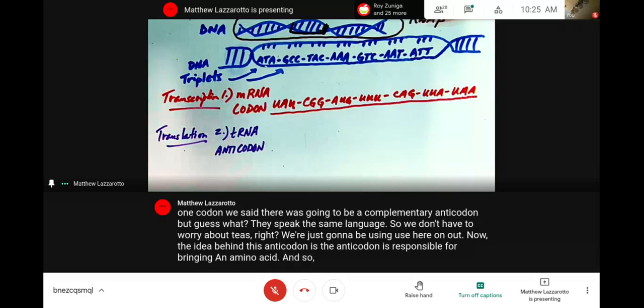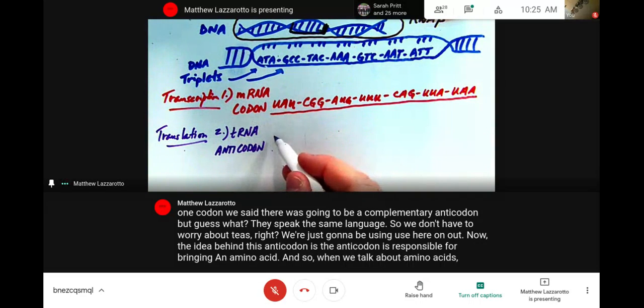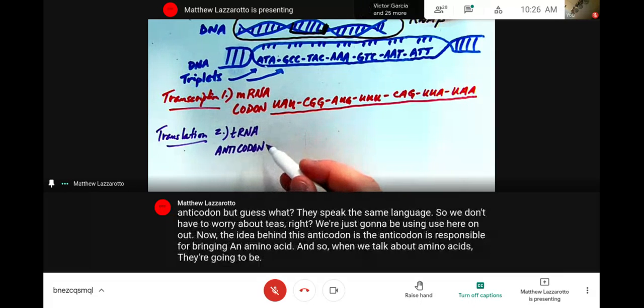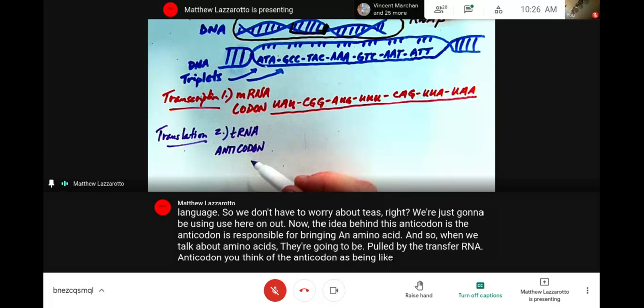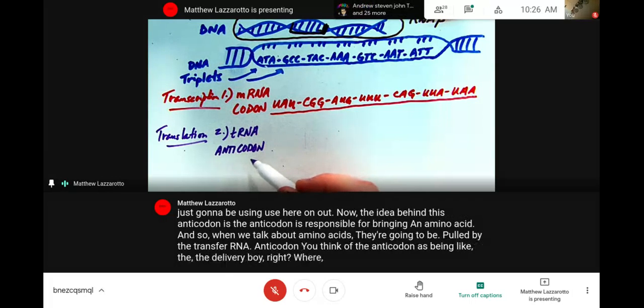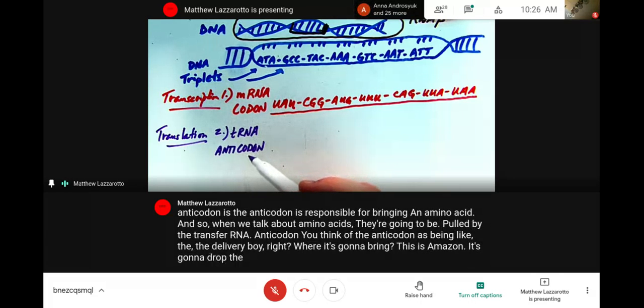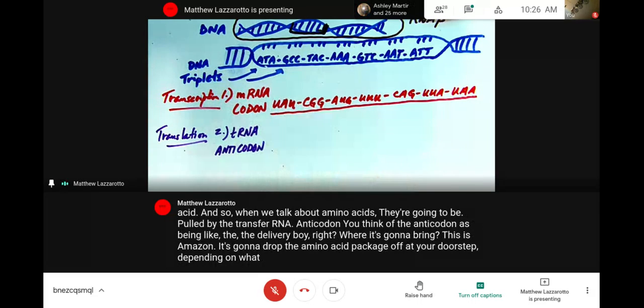Think of the anticodon as the delivery boy. This is Amazon. It's going to drop the amino acid package off at your doorstep, depending on what codon you paid for.